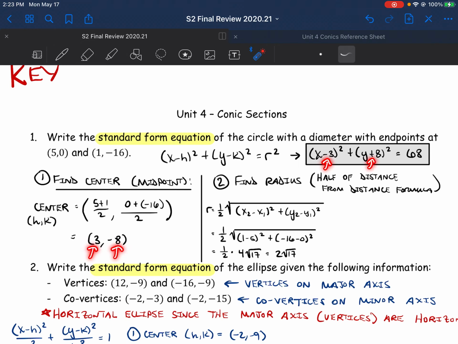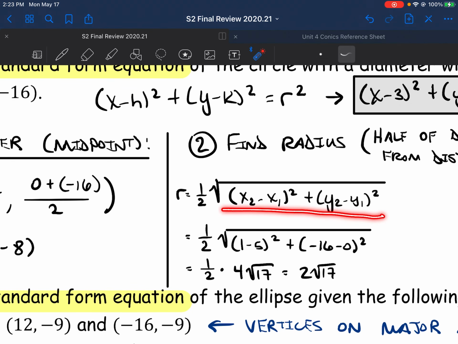Okay. Next, we find the radius. Well, again, let's think about a diameter. If I can find half the distance of the diameter, then I'm going to get the radius. So if I use the distance formula to find the distance of the diameter and then cut it in half, that's going to give me the radius. So here's the distance formula: the square root of (x2 - x1)^2 + (y2 - y1)^2.